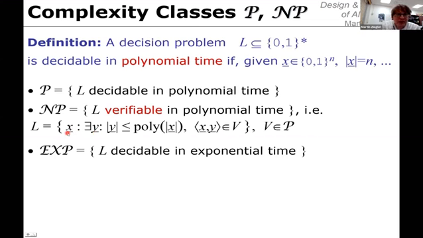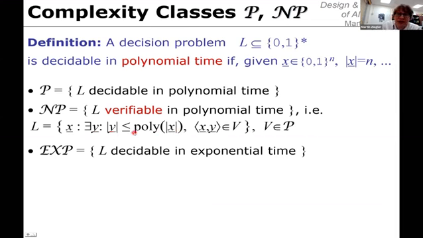Things become difficult and hard if x does not belong to L, because how do you know that there does not exist such a witness? y is called a witness. How do you know that there does not exist such a witness? Maybe a naive way is by trying all possible witnesses y, right? But the thing is there are exponentially many witnesses. y is a binary string.